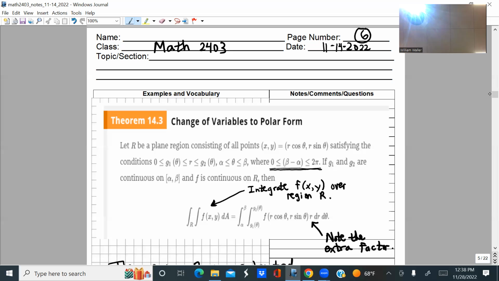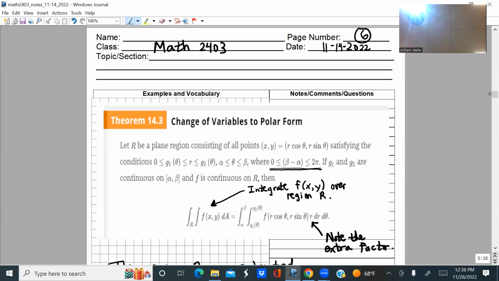So what are these limits of integration? These are just the polar coordinate description that you're using for the region of integration.